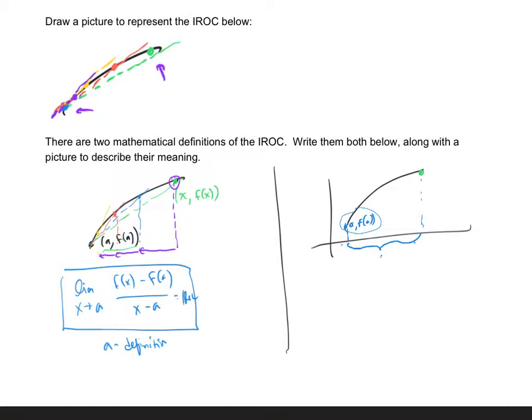And we would always label a change in x as delta x, right? So if I think of it that way, my new point started at a, and I added a delta x to it. And then to get the y value there, I would plug that number into the function.